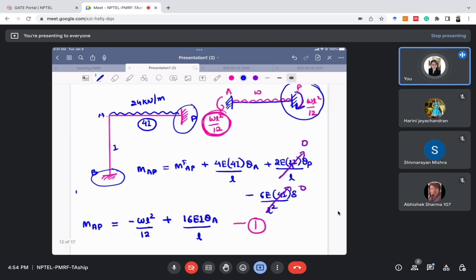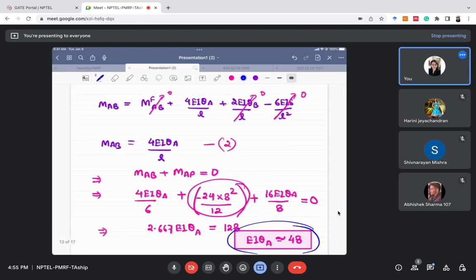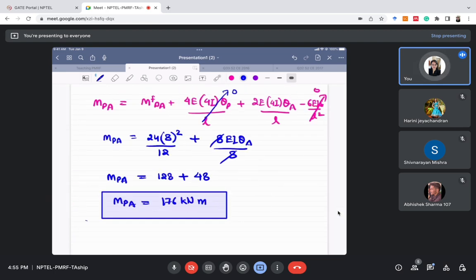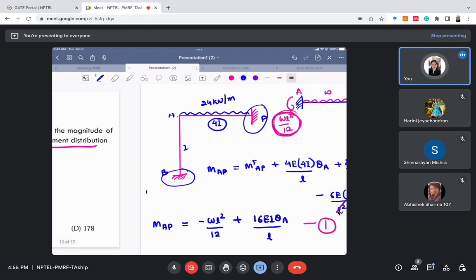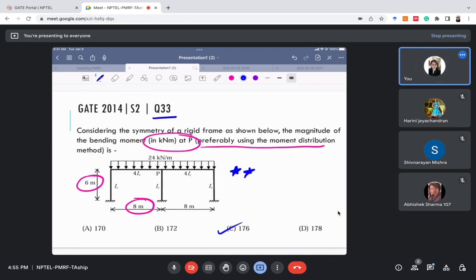Go to phase 1 of the NPTEL live mentoring session, where you will find the recordings for every session. So the answer is 176 kilonewton meter, that is option number C. Very simple.